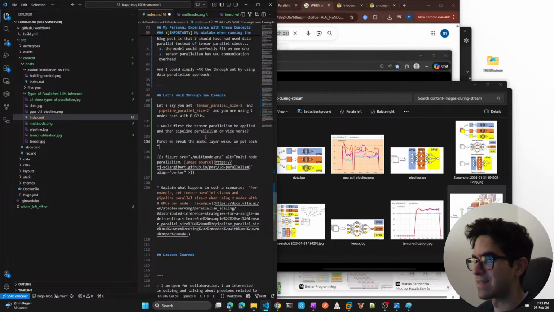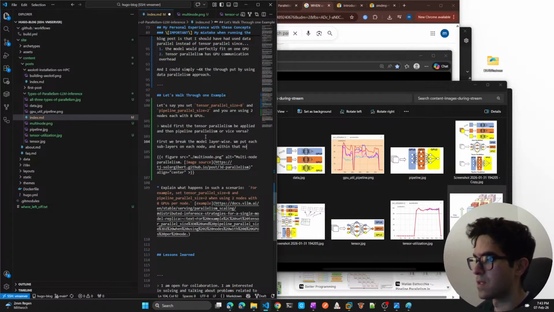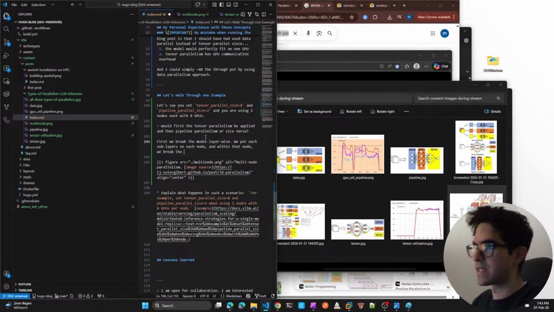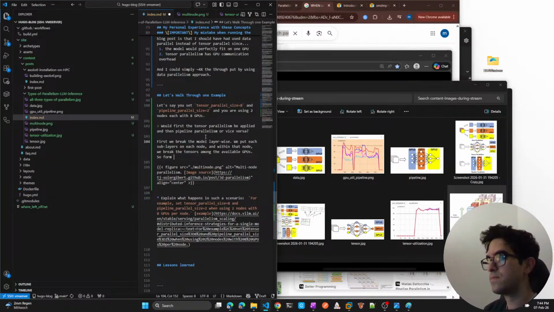We put, let's say, sublayers on each node, and within that node we break the tensors among the available GPUs. So for example, okay, let me do the example here.